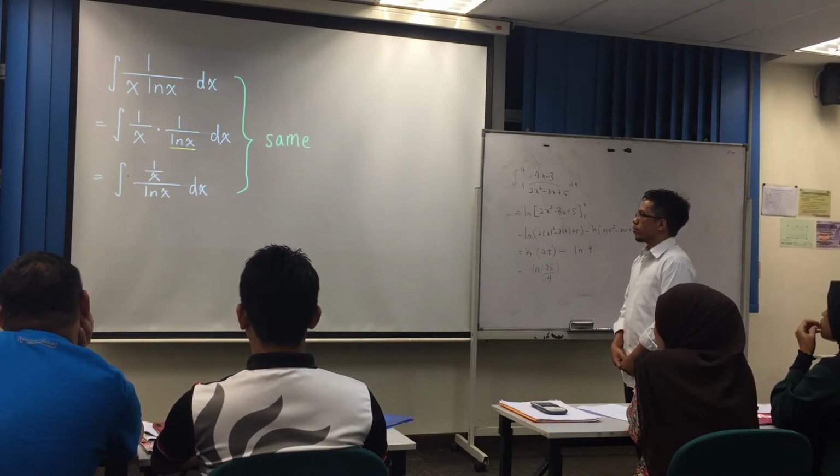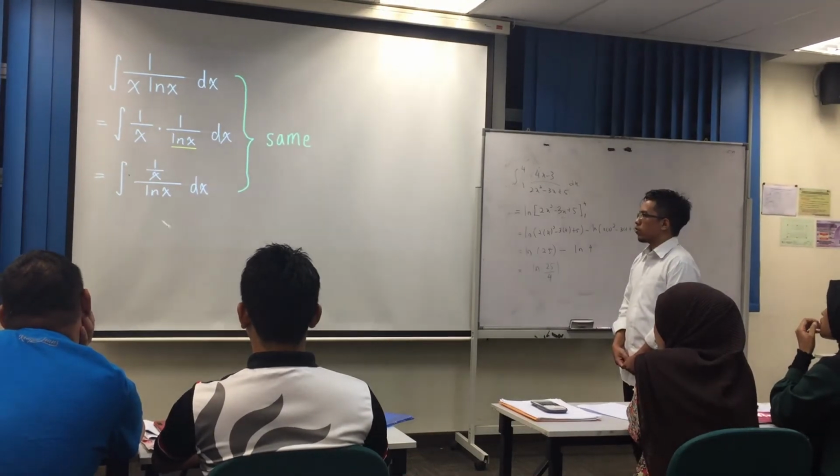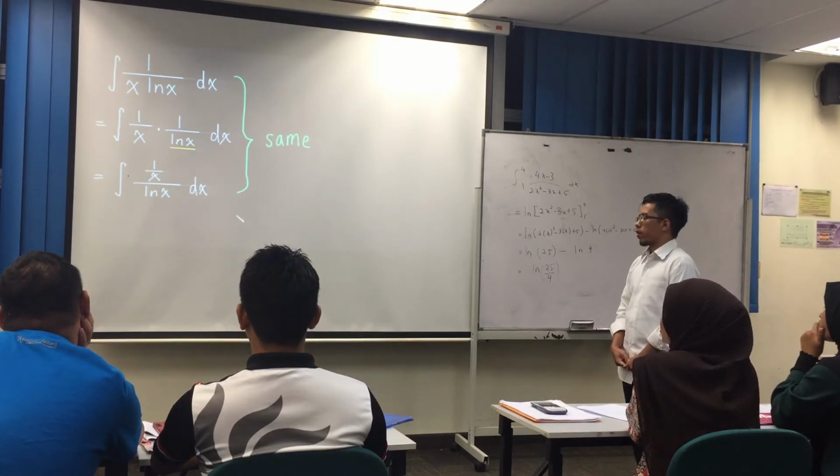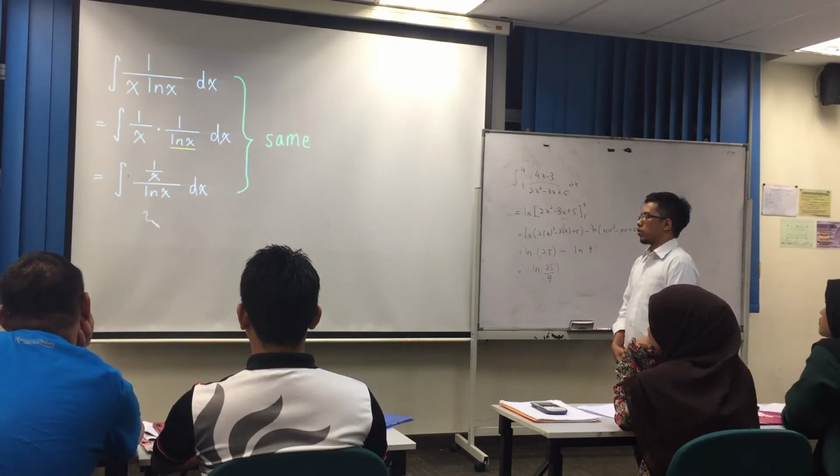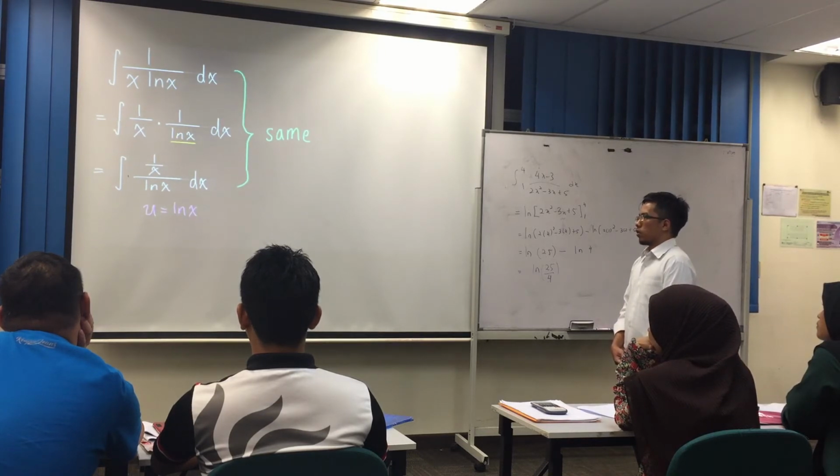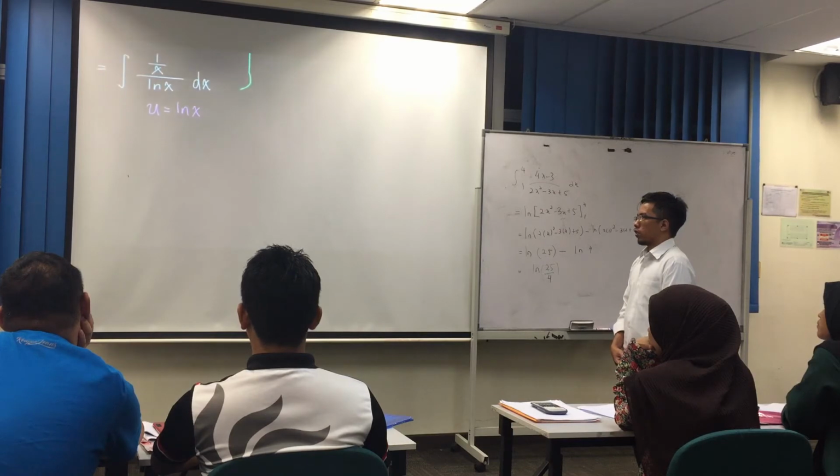Okay, so now with our new form, maybe we have a better idea of what to do. Let's go ahead and let u equal the natural log of x. So now we'll just use this last one as our example. And then du is equal to 1 over x dx.